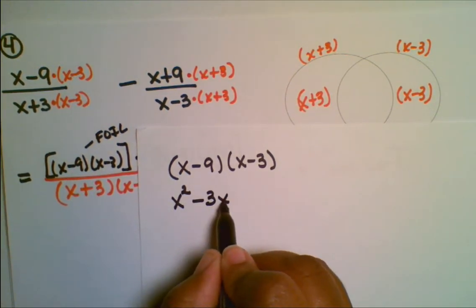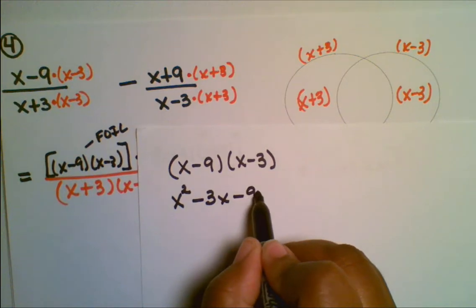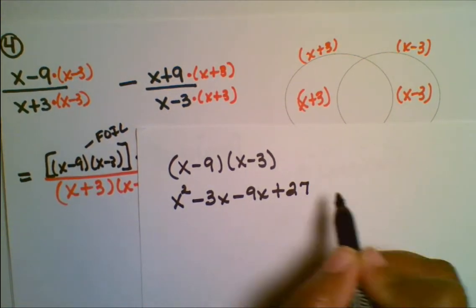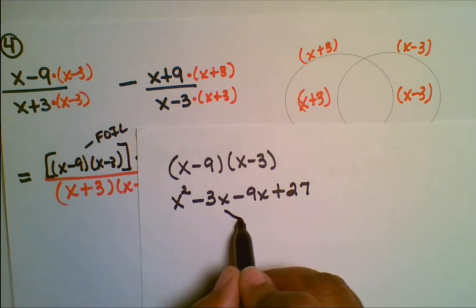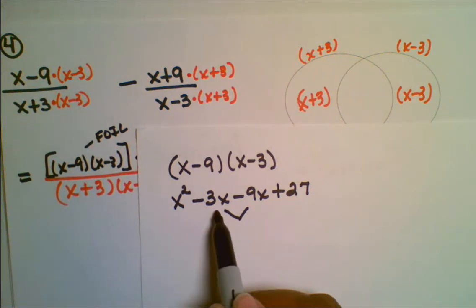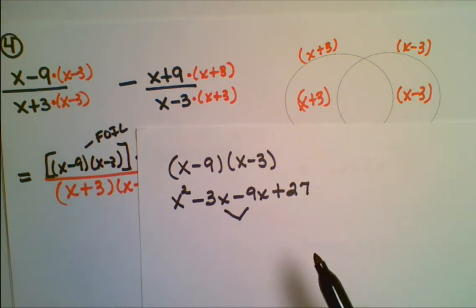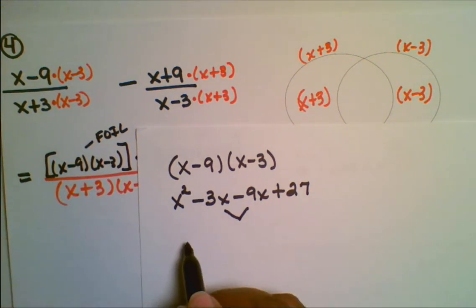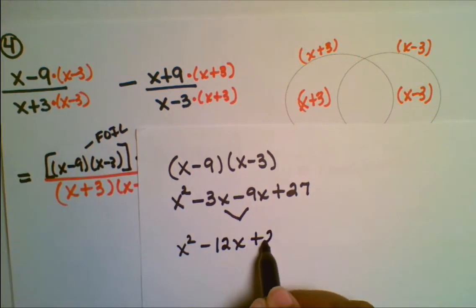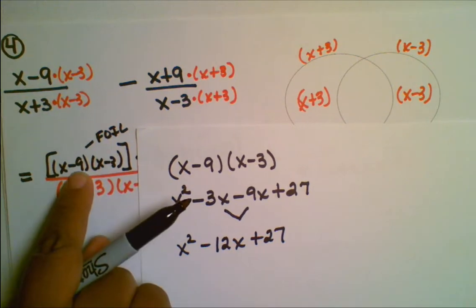Outside term, we have negative 3x. Inside term, we have negative 9x. And last term, we have positive 27. Add the negative 3x and negative 9x. And we have x squared minus 12x plus 27. So that's the first parenthesis.